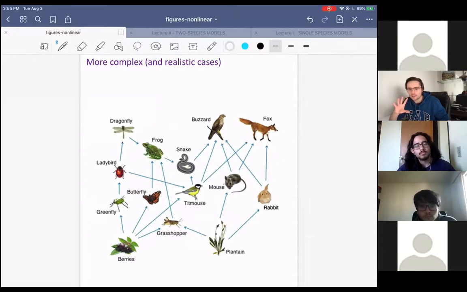For instance, at the top you have what are called the apex predators. The fox is not eaten by anyone, but it's able to eat rabbit, mouse, and titmouse. And the mouse is eaten by the buzzard, which is this big bird here, and by the fox. But the mouse eats plants.